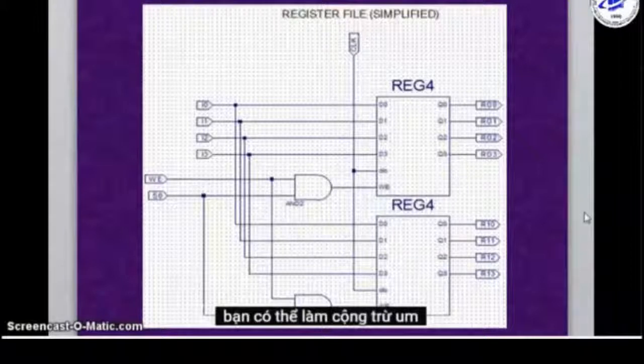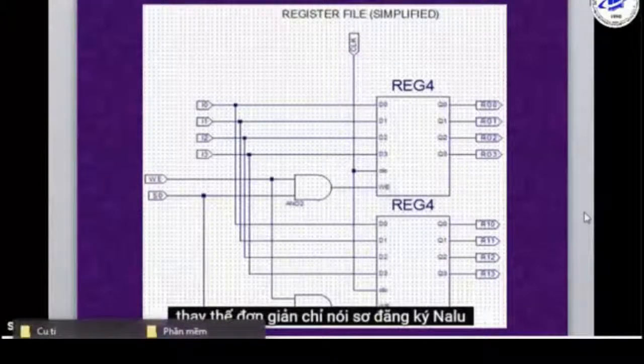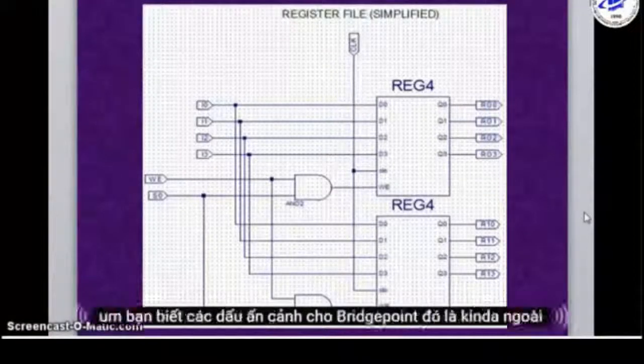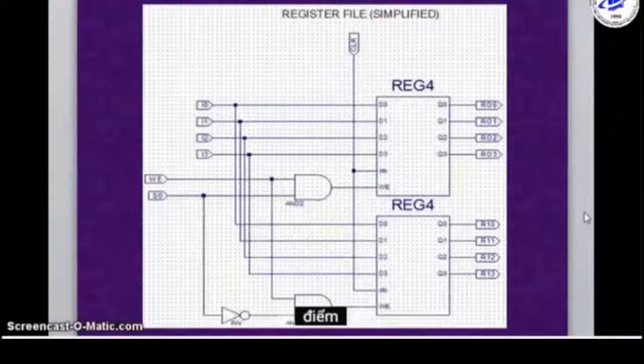You can do addition, subtraction, all through the simple use of a register file and an ALU. You would obviously need a mux for a bridge point, but that's kind of besides the point.